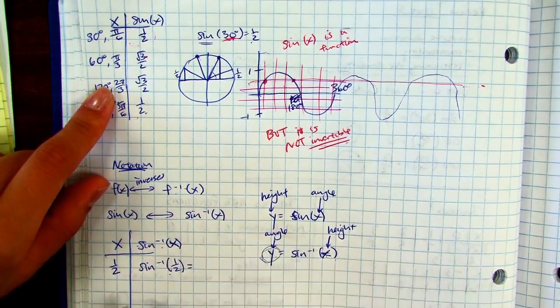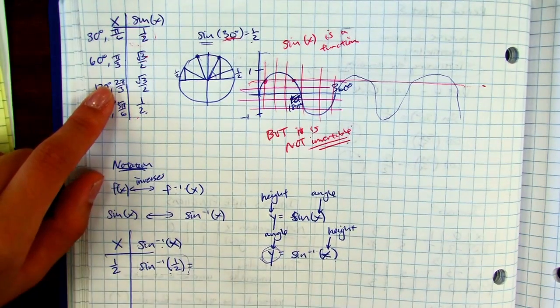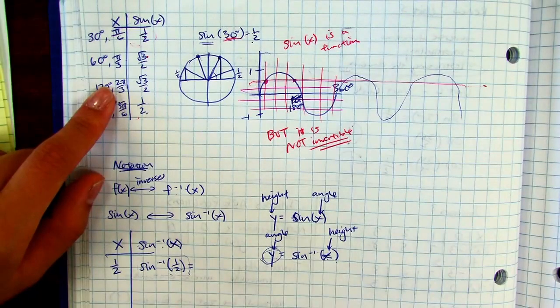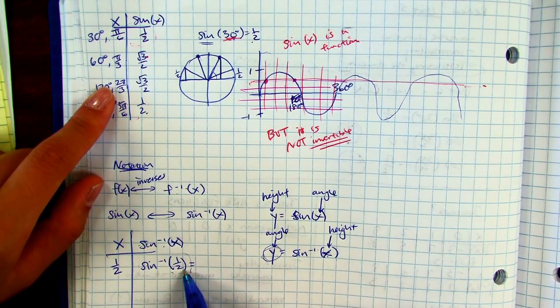So basically what I'm saying is when you see the inverse sine notation, the question you're asking yourself is no longer what is the height at this angle, but what is the angle that I need to rotate to get to that height. And that height right now is 1/2. So what do I need to rotate to get to that height of 1/2?